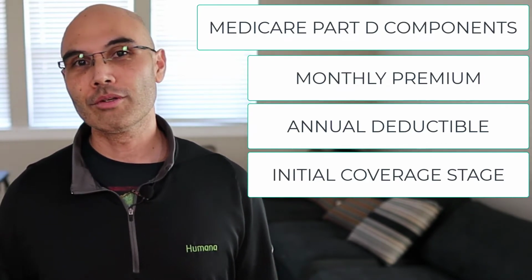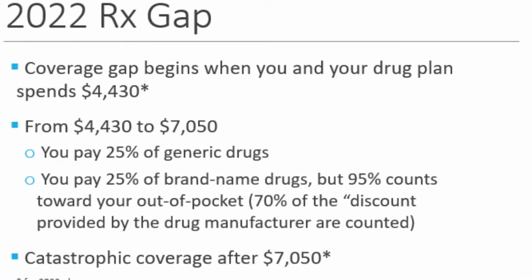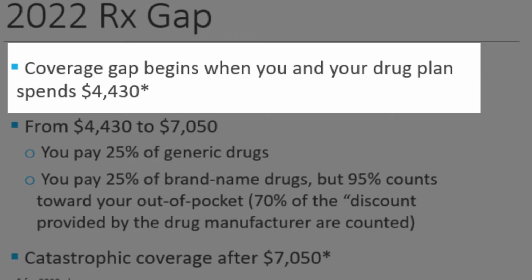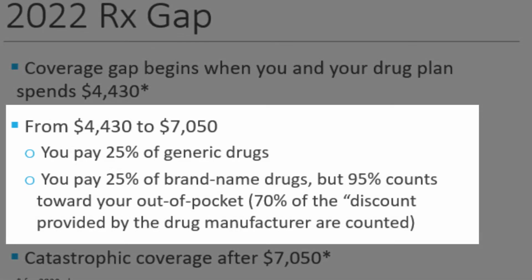Next, once you reach the coverage gap, which you can see on this slide here, in 2022, the coverage gap begins when you and your drug plan have spent $4,430. From that point on, you will be responsible for 25% of the generic drug cost and 25% of the brand name drug cost.